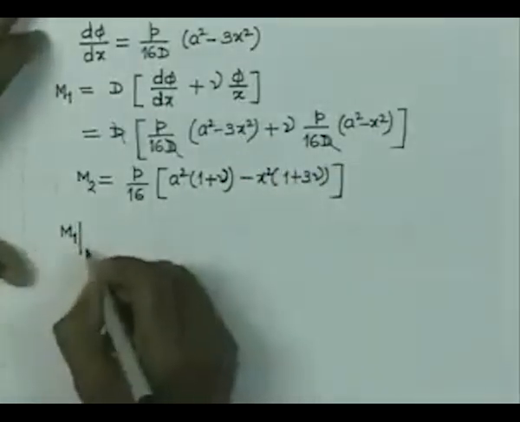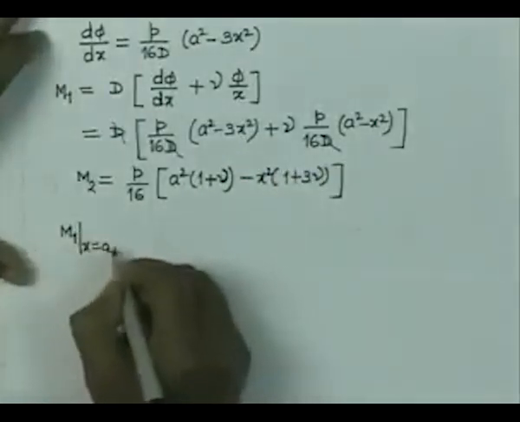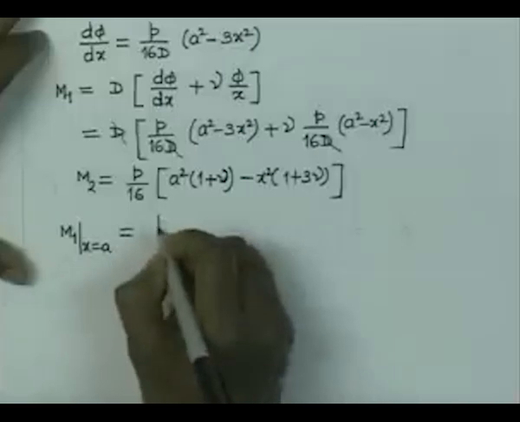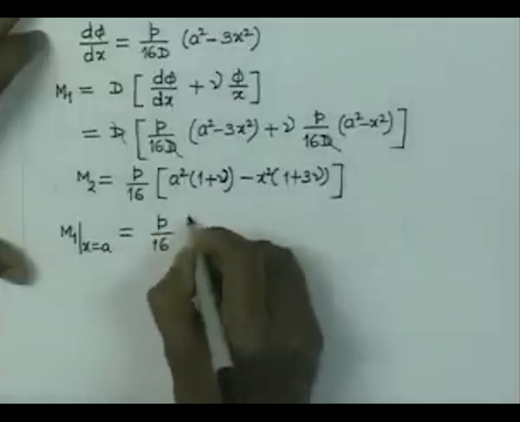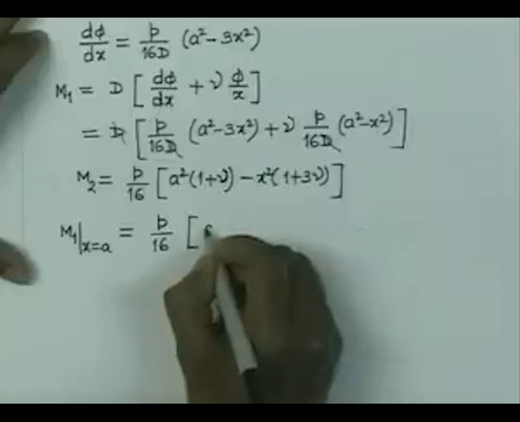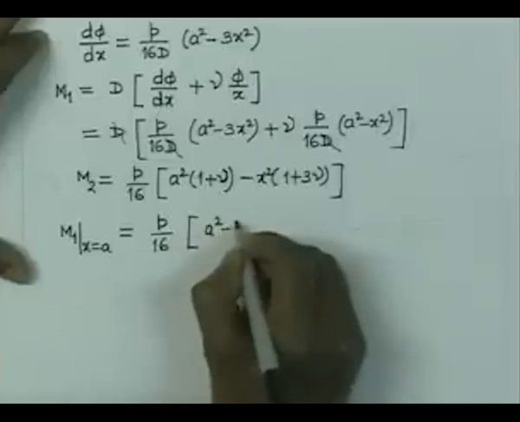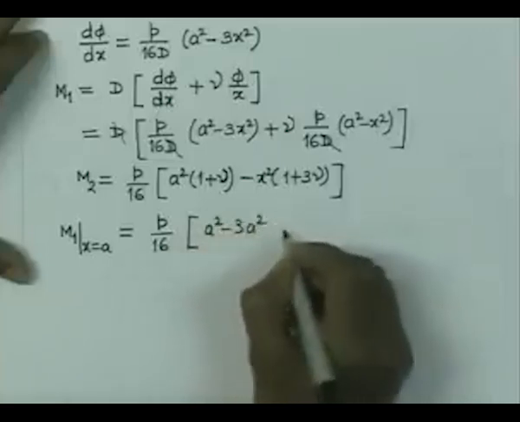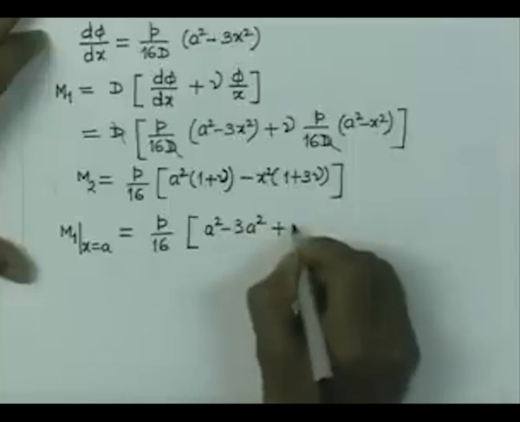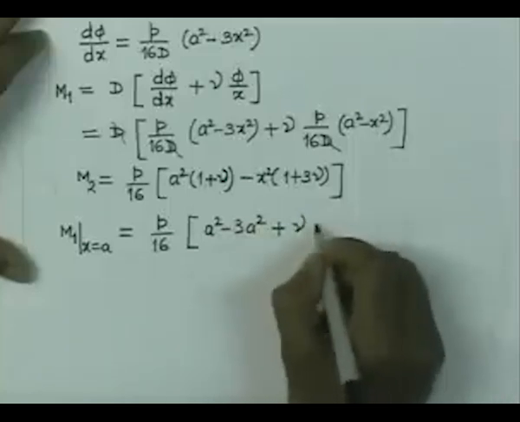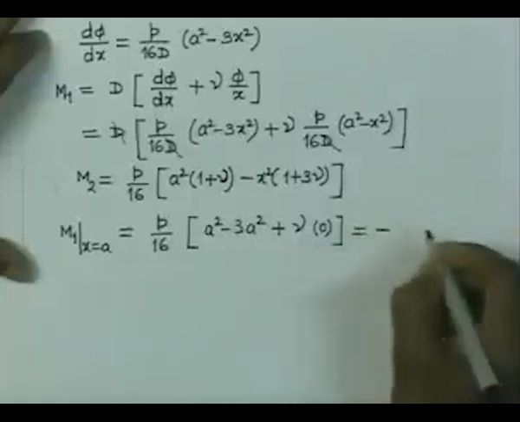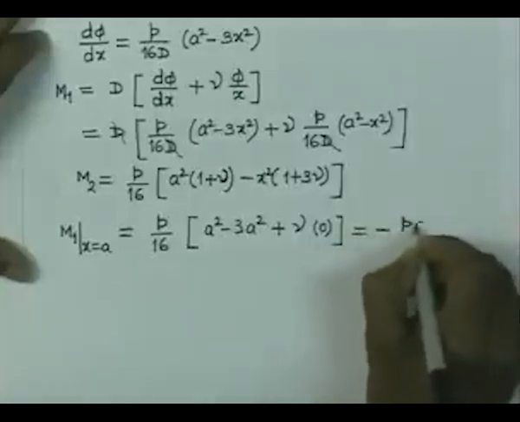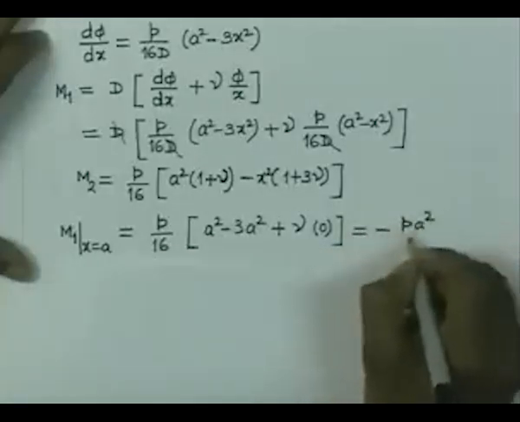So, M1 at x is equal to a is equal to P by 16 times a square minus 3a square nu into 0, and therefore, this is nothing but P a square by 8.